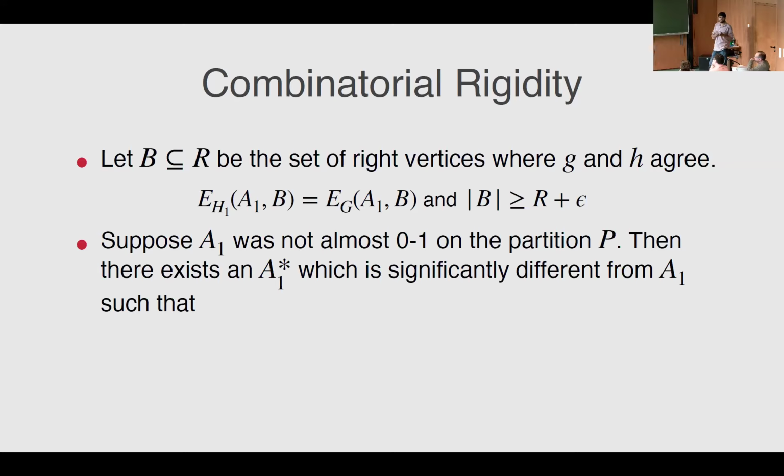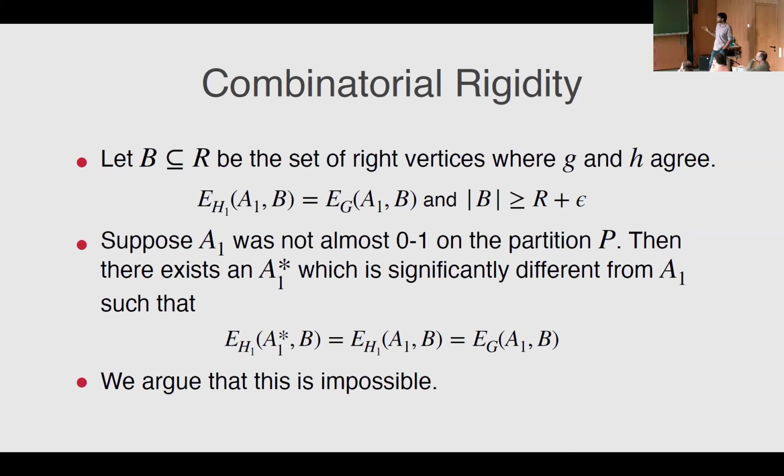So if one of the parts, the density was 0.5, then I can pick a different A1 star which still has the same density. Okay. And this A1 star would also satisfy the fact that no edges were deleted, because as far as edge counts are concerned, A1 and A1 star are giving the exact same. We argue that a very different A1 star from A1 cannot have this sort of property.